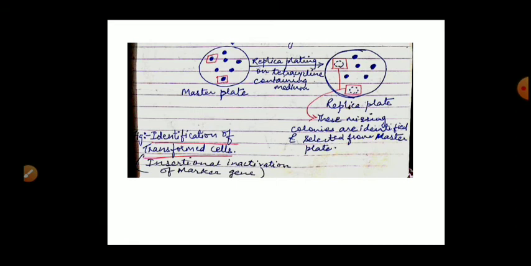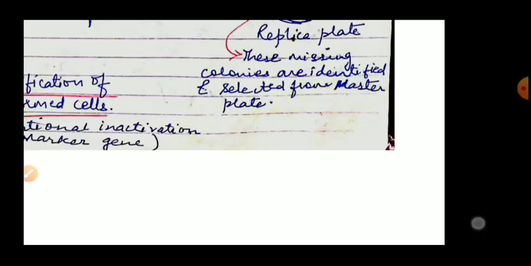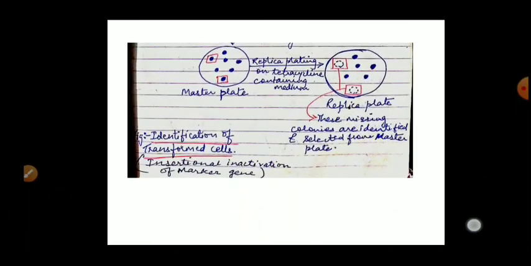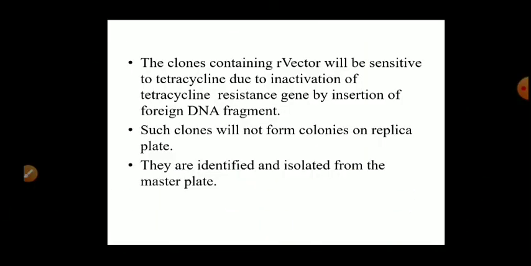They are selected out from the master plate and plated, and then further studies of expression of the foreign gene and production of the protein product are carried out. This is how we identify the transformed cells. The clones containing recombinant vector will be sensitive to tetracycline due to inactivation of the tetracycline resistance gene by insertion of the foreign DNA fragment.